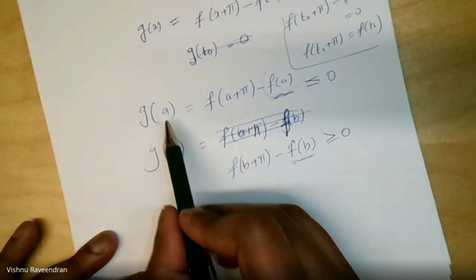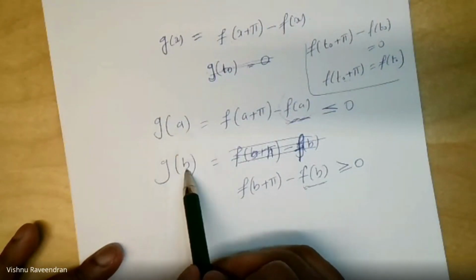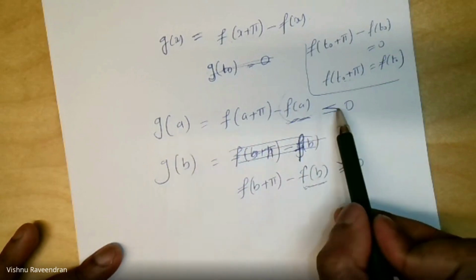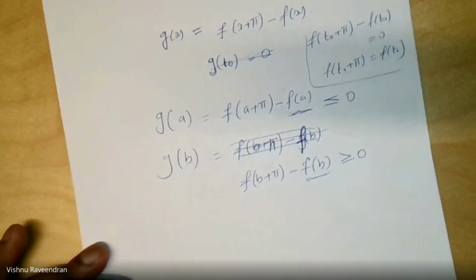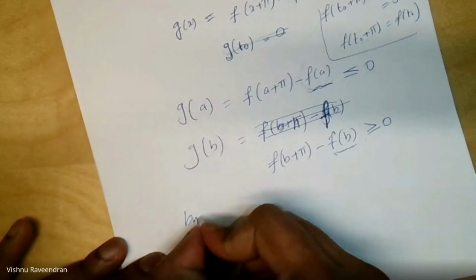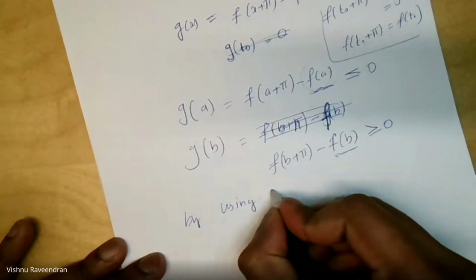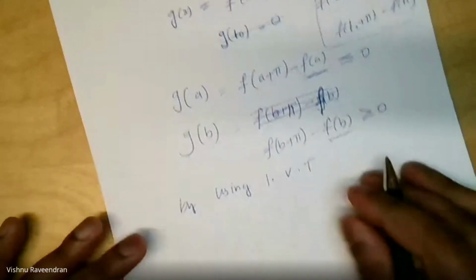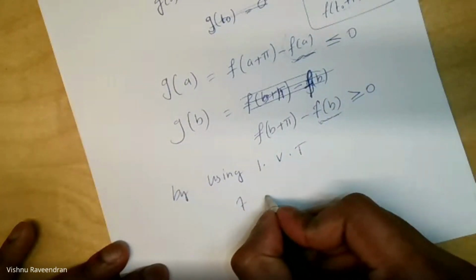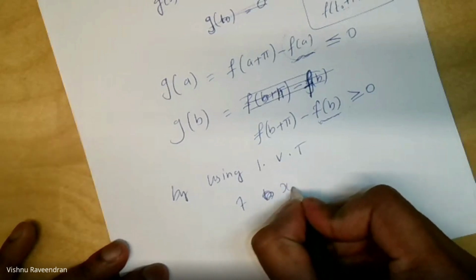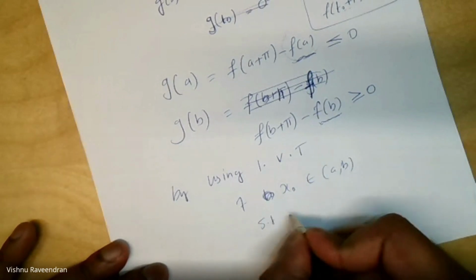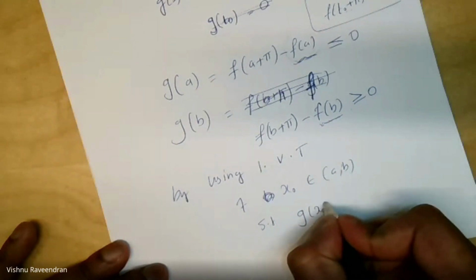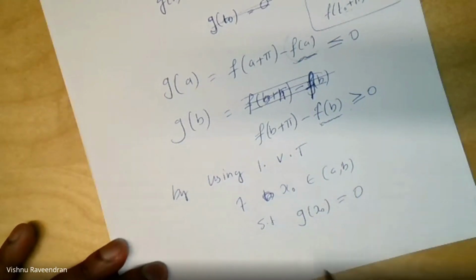So we got two points a and b such that g of a is less than or equal to 0 and g of b is greater than or equal to 0. So by using the intermediate value theorem, there exists a t naught or x naught between a and b such that g of x naught is equal to 0.